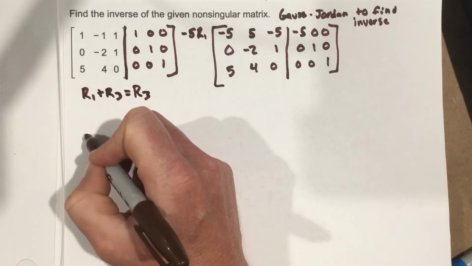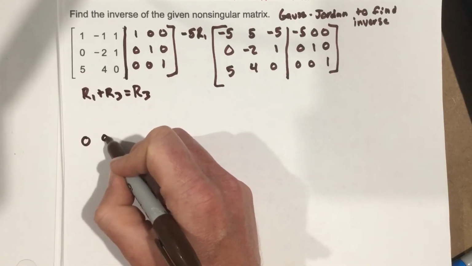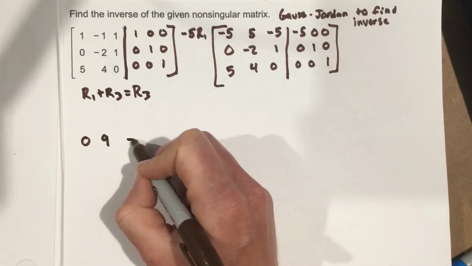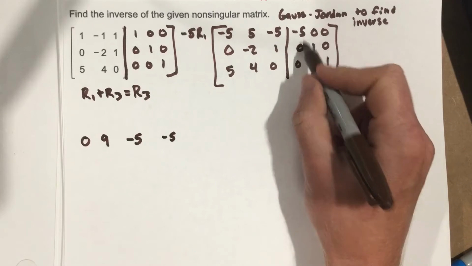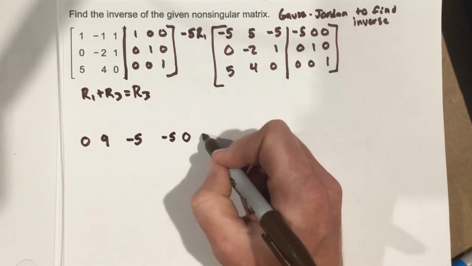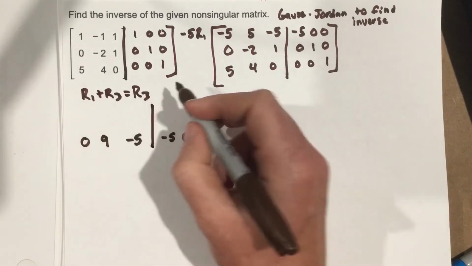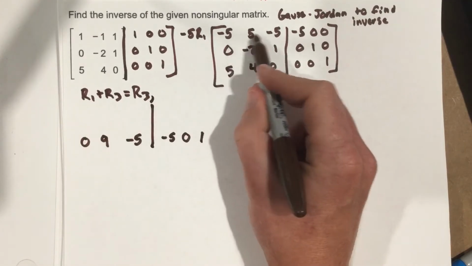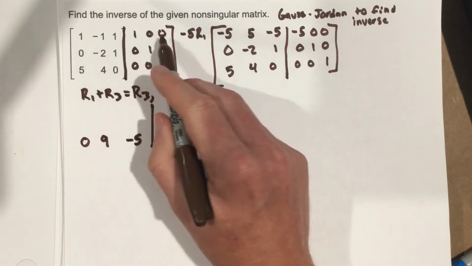That's going to give you 0, 9, -5, -5, and 0, 0 and 0, 0 and 1. Top, at the same time, I'm going to take this back to being the original numbers.